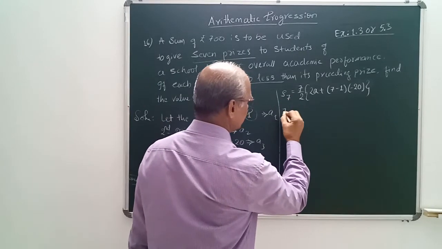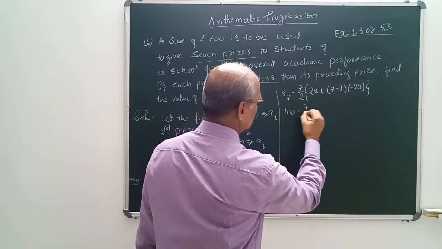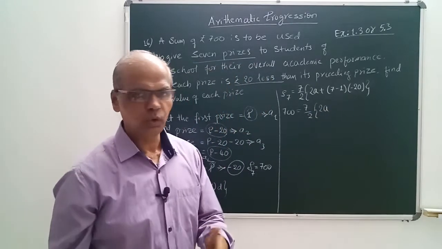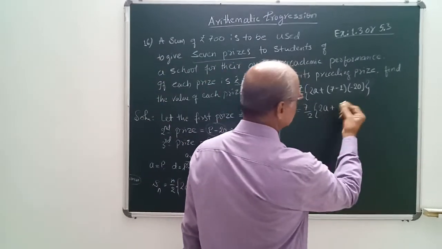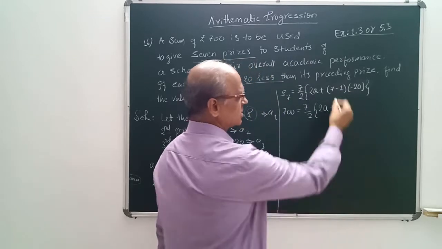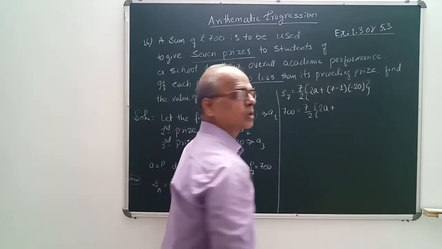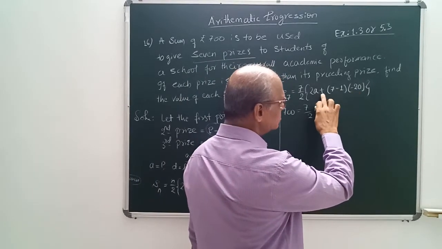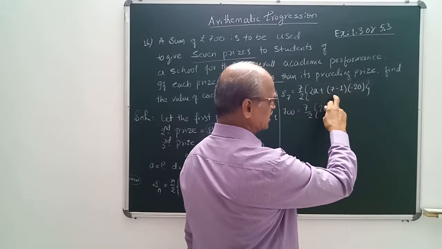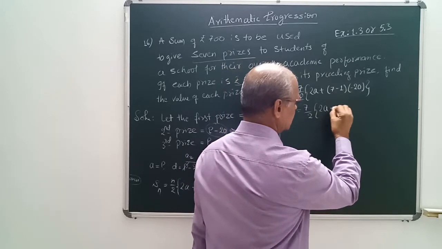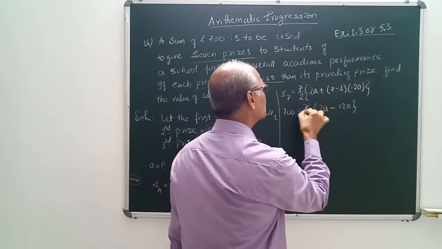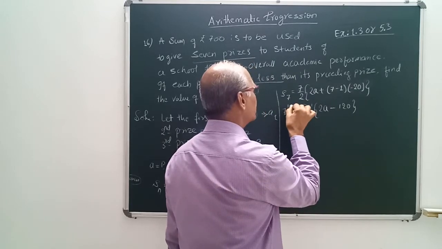So S7, 700 rupees, is equal to 7 by 2 into 2a, which we don't know, plus 7 minus 1 is 6, 6 twos are 12, that means 120. But here 7 minus 1 is plus 6, into minus is minus, so minus 120.